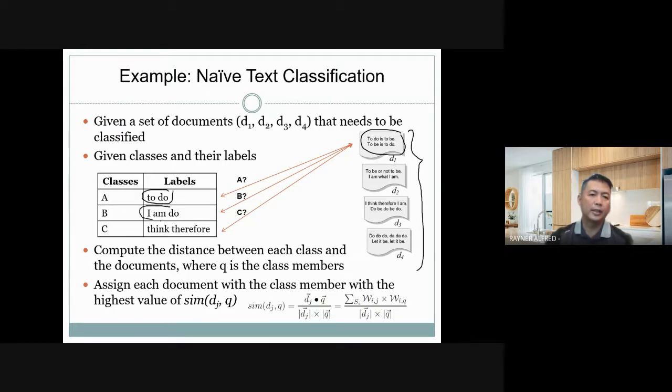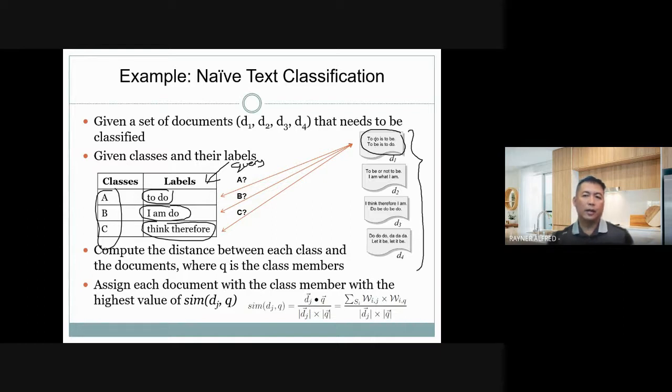If you recall, this could be your query. Remember that you perform the ranking between the query and the document. Similar to this, we can perform the same task here. So we will assign one of the classes to the nearest distance.